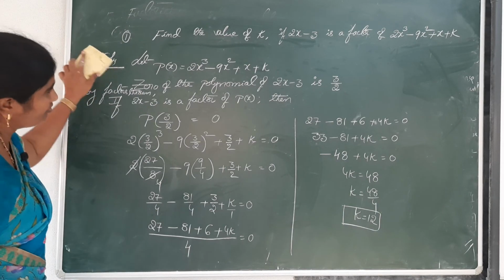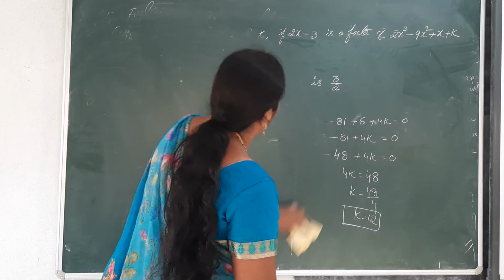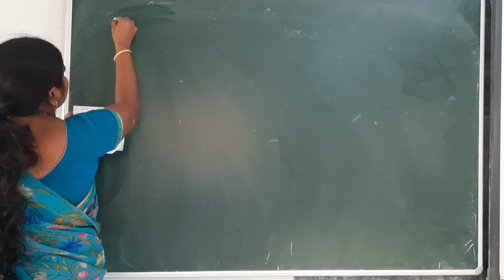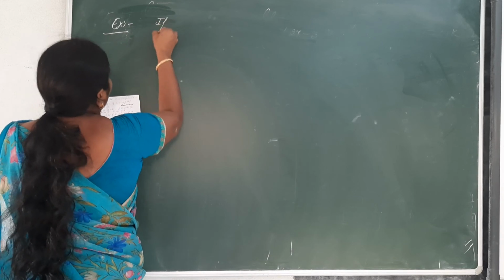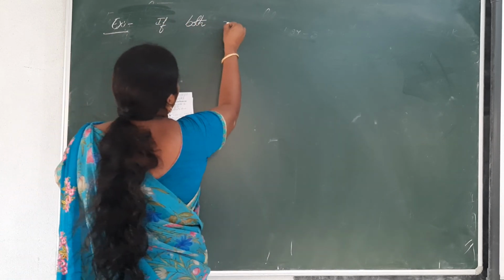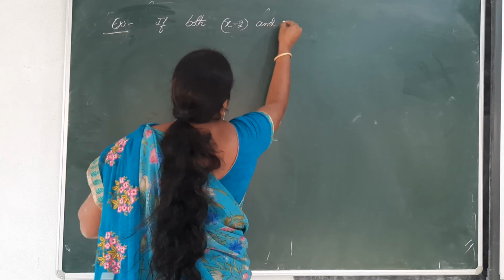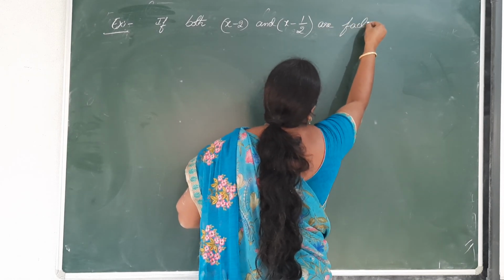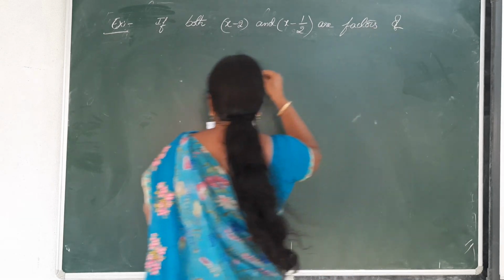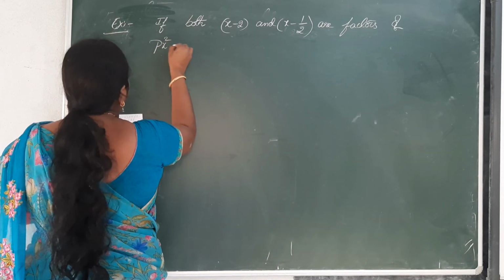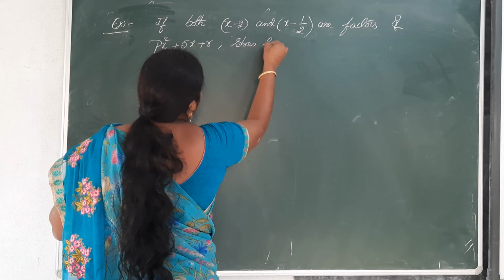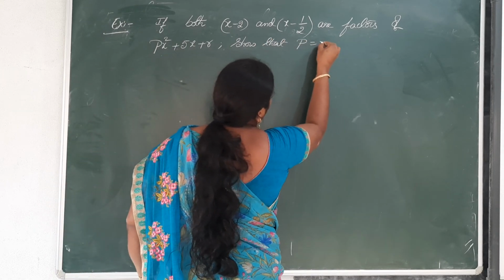Next, let us see another model. If both x minus 2 and x minus 1 by 2 are factors of px square plus 5x plus r, show that p equal to r.